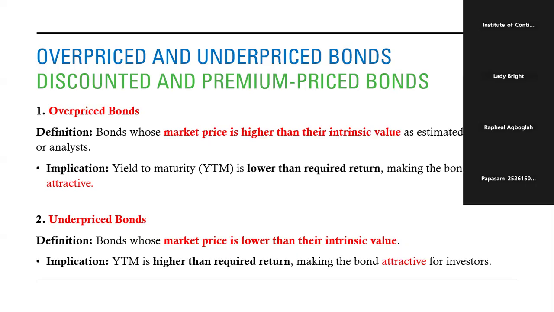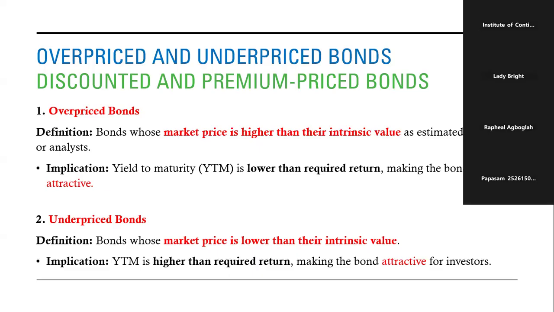Is it overpriced or underpriced? This item I'm buying, am I buying it at its worth? That is a comparison between the market price and your calculation of what the bond price should be, or your expectation of how much you expect to earn from that bond.